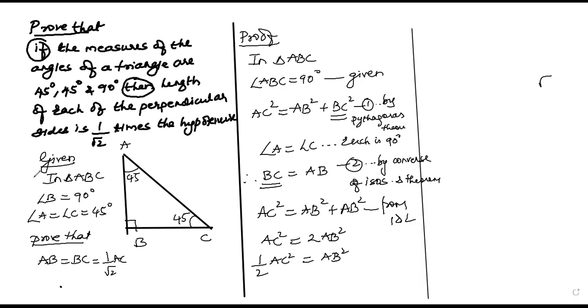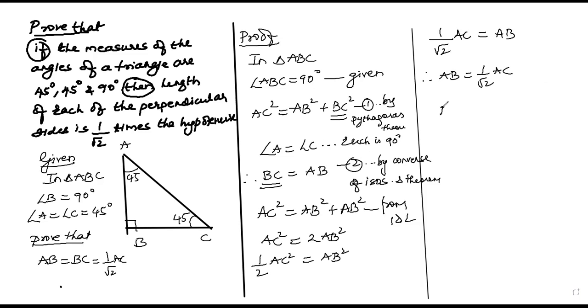Now you can take square root, children. When you take square root on both sides, what do you get? Square root of AC square is AC, square root of AB square is AB. So you got your answer. Therefore, AB equal 1 upon root 2 AC. And also, can I say BC equal AB or no? From 2, children, BC equal AB.